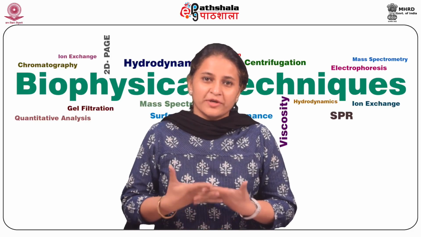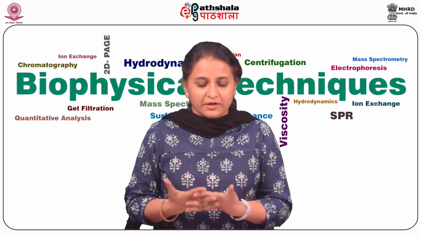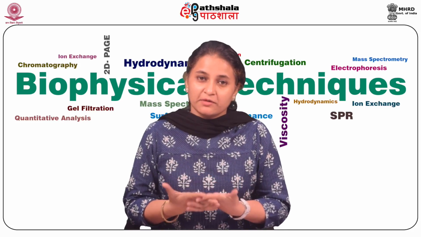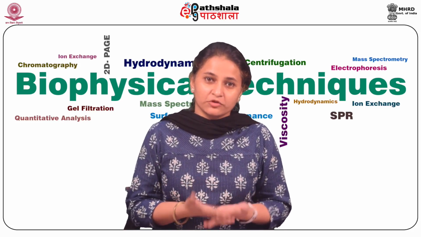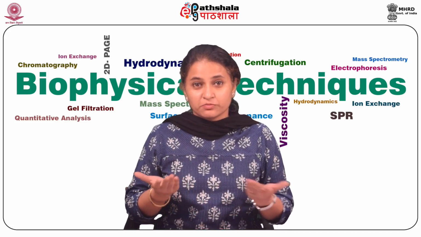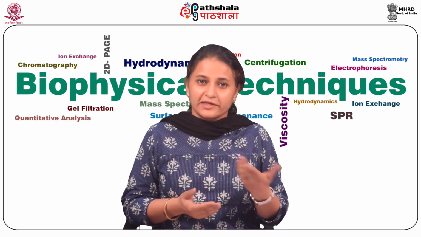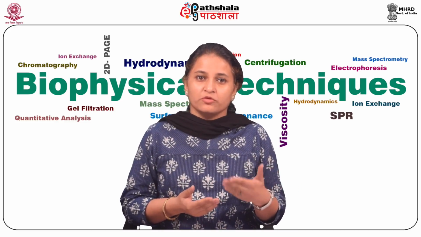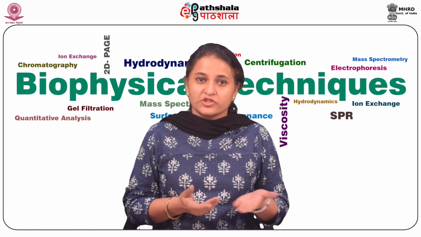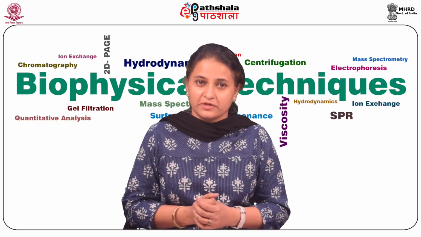So, as you may already be aware, there are different kinds of chromatography, and based on the type of arrangement of the stationary bed, they may be described as either column chromatography or planar chromatography. Now, based on the principle of the separation, the column chromatography may be liquid chromatography, in which the mobile phase is a liquid, or it may be gas chromatography, which again is subdivided into gas solid and gas liquid chromatography.